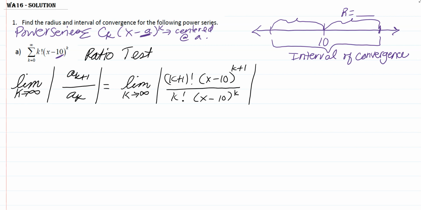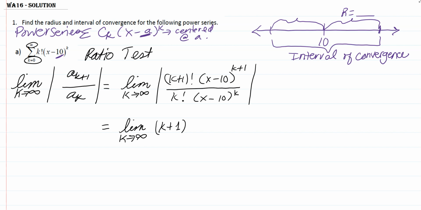When we simplify the factorial, the k factorial will cancel with the k factorial. You will be left with just k plus 1. We don't need to write the absolute value there because k is a number from 0 to infinity, which is positive, so k plus 1 is positive, and the absolute value of that would be just itself.